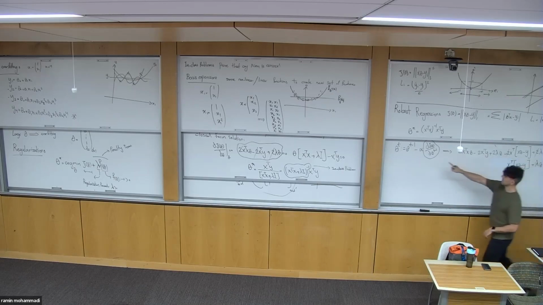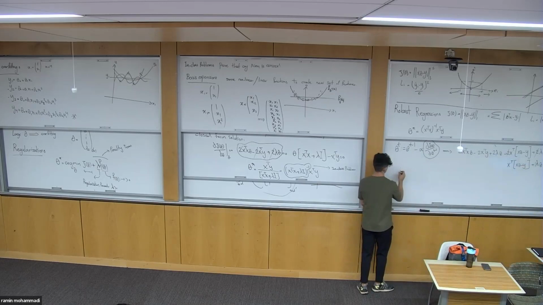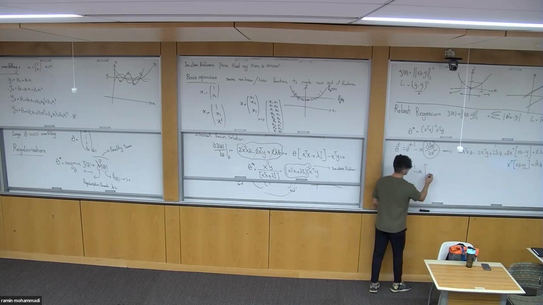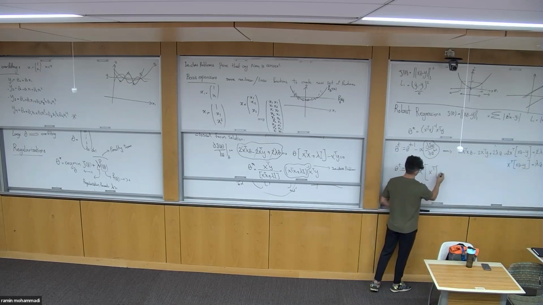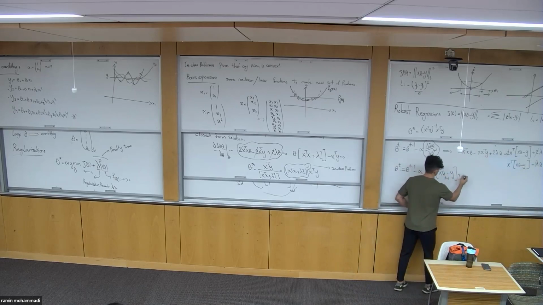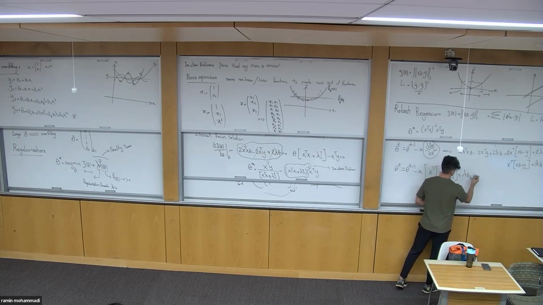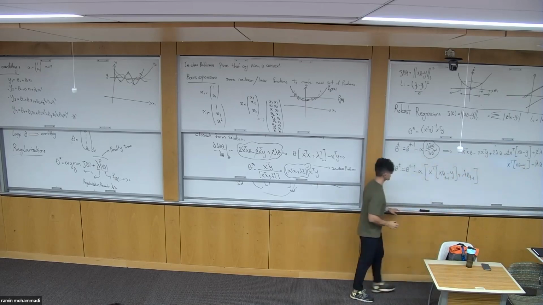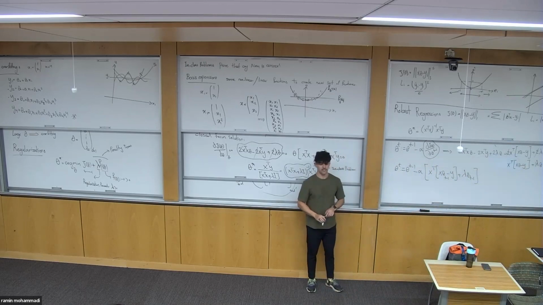Put that in, and your theta at time t becomes theta at time t minus 1 minus learning rate times X transpose times (X theta at time t minus 1 minus y) plus lambda theta t minus 1. So that's going to be the gradient descent.